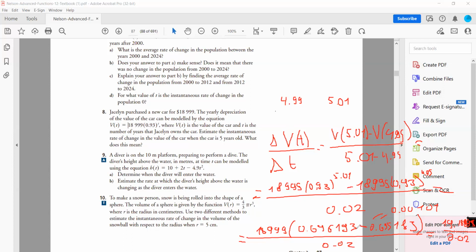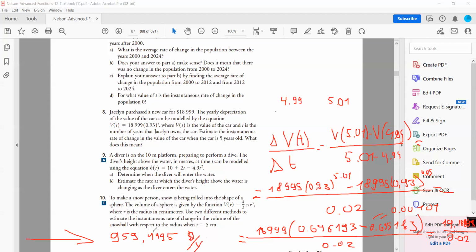And the result I'm gonna write right here, that the instantaneous rate of change in the car price would be as follows: dollars per year.